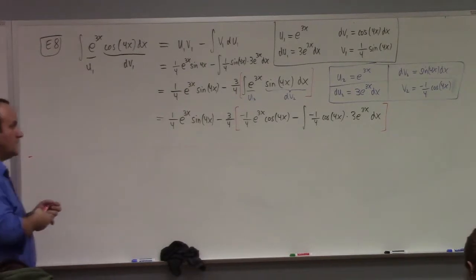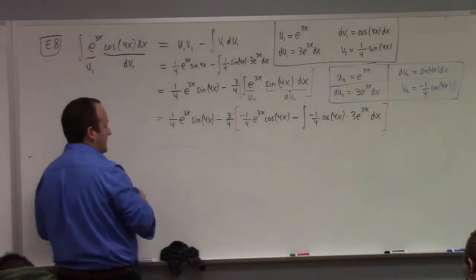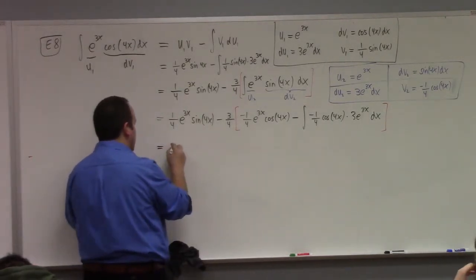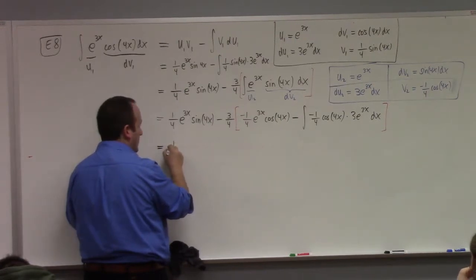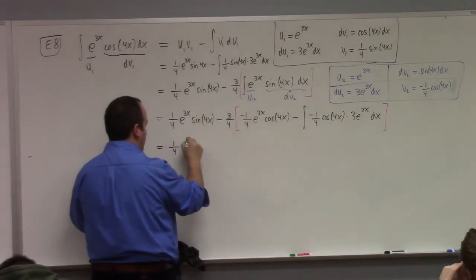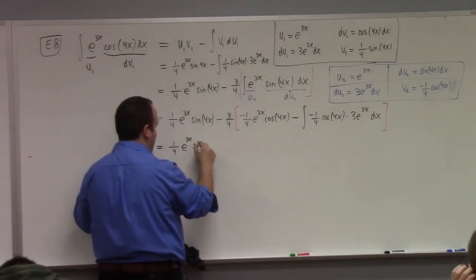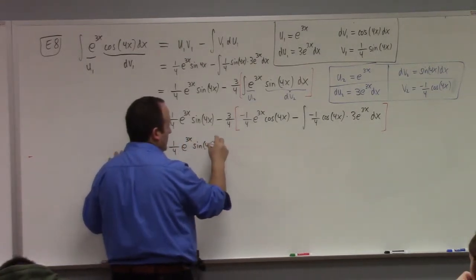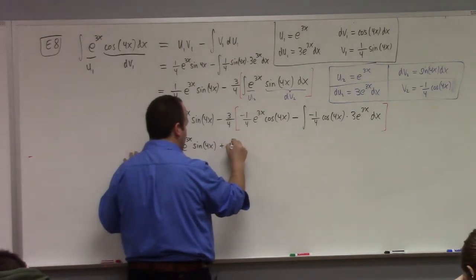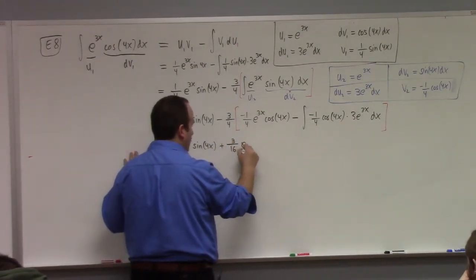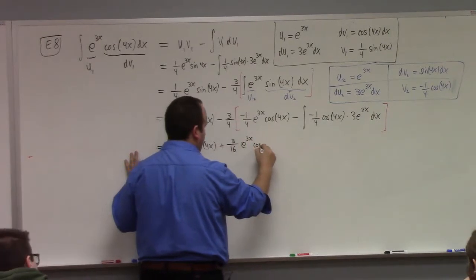All right. So let me clean this up. We have 1/4 e to the 3x sine of 4x plus 3/16 e to the 3x cosine of 4x.